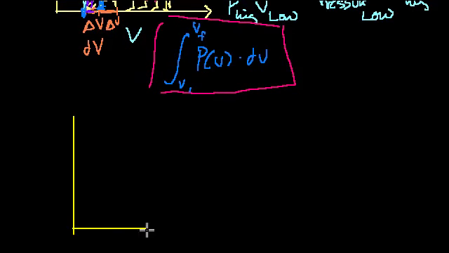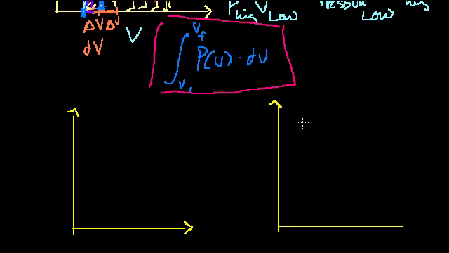So it's pressure, volume. I'm actually going to do two graphs here. All right. So the first one is pressure, volume. We started here at 1, and we went here to 2.